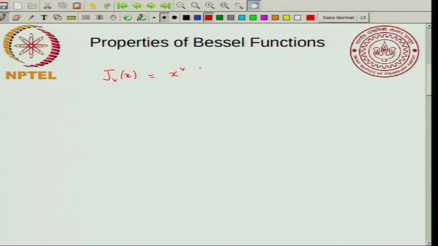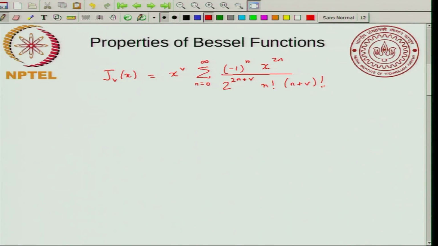x raised to v, sum over n equal to 0 to infinity, then you had minus 1 raised to n, x raised to 2n divided by 2 raised to 2n plus v, n factorial, n plus v factorial. So this was how the Bessel functions were defined for integer v.